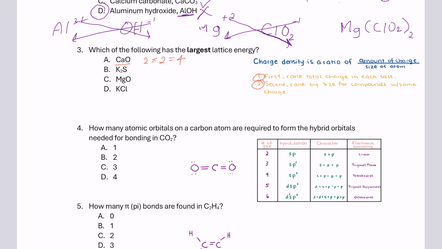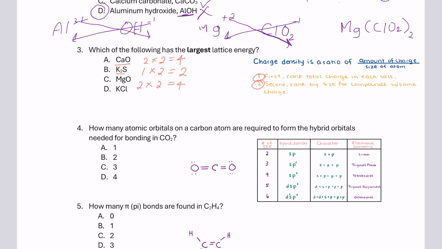Then we have potassium sulfide. Potassium has a +1 charge, and sulfide has a -2 charge. When we multiply the absolute values of these numbers, we get 2. Then we'll do the same for magnesium oxide. Magnesium has a +2 charge, and oxide has a -2 charge. The multiplication of the absolute values gives us 4.